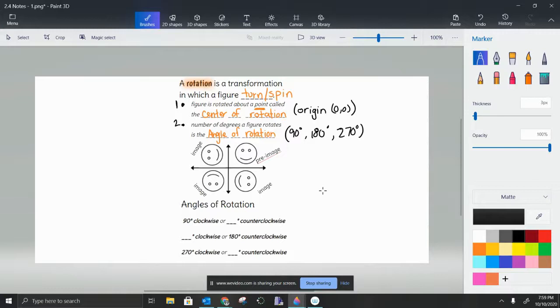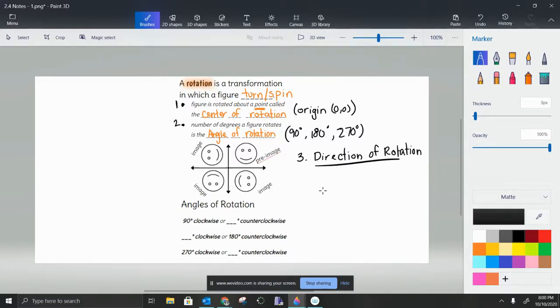The third thing that we didn't put in the notes that we should have is the direction of rotation. So not only do we need to know what we're spinning around, we also need to know how far we're going to spin. We also need to know in which direction we are spinning. The direction of rotation refers to one of two options.